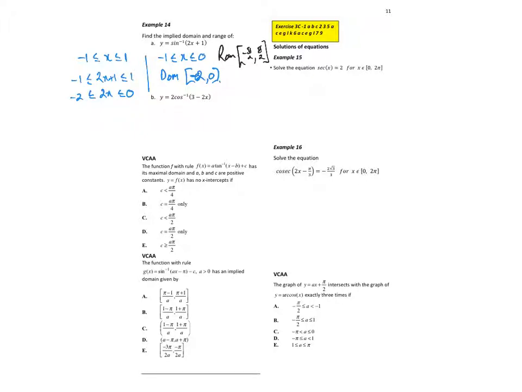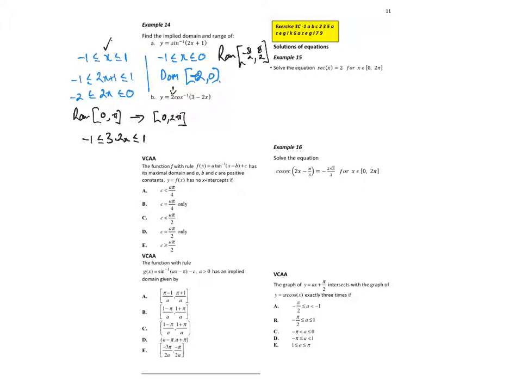Don't forget that information there in black and that information there is on our formula sheet. All right, so my range for cos is normally from 0 to pi. Since I'm going to multiply it by 2, it becomes 0 to 2 pi. My domain, negative 1, is less than or equal to 3 minus 2x, which is less than or equal to 1.